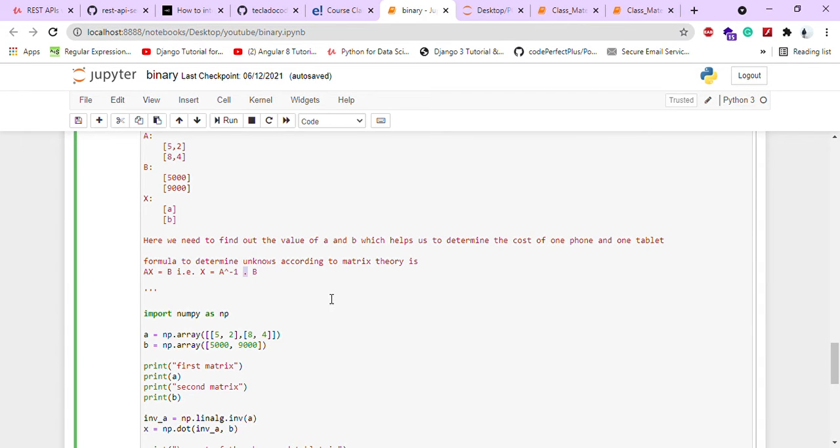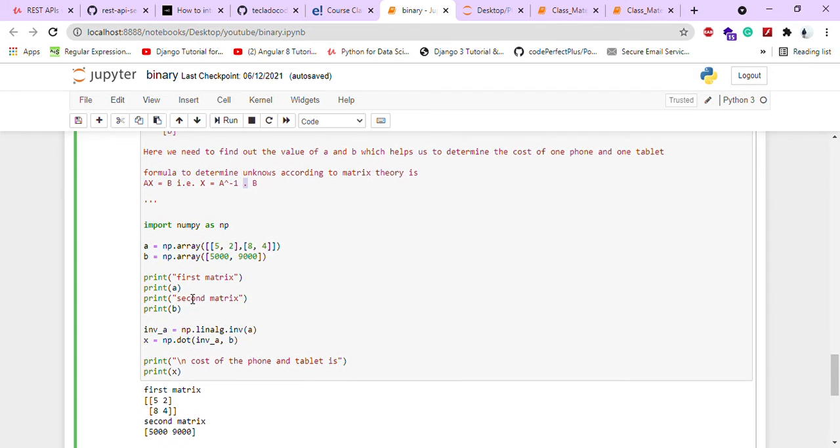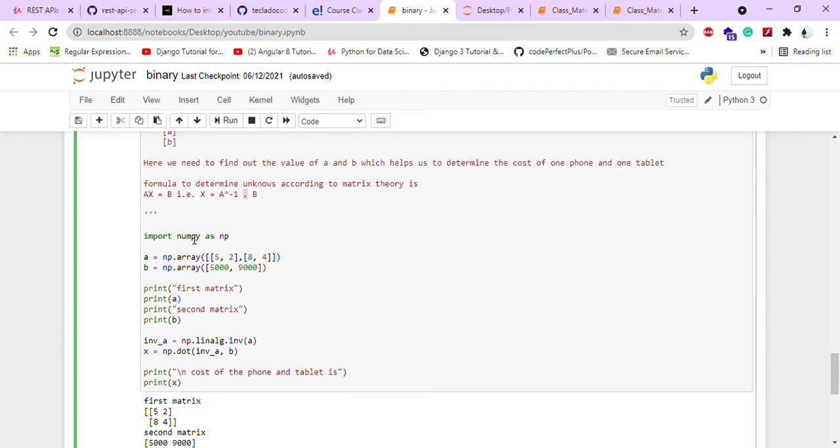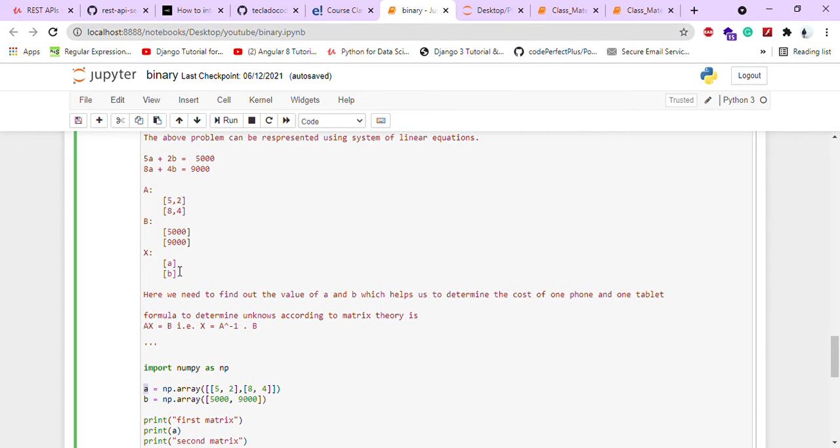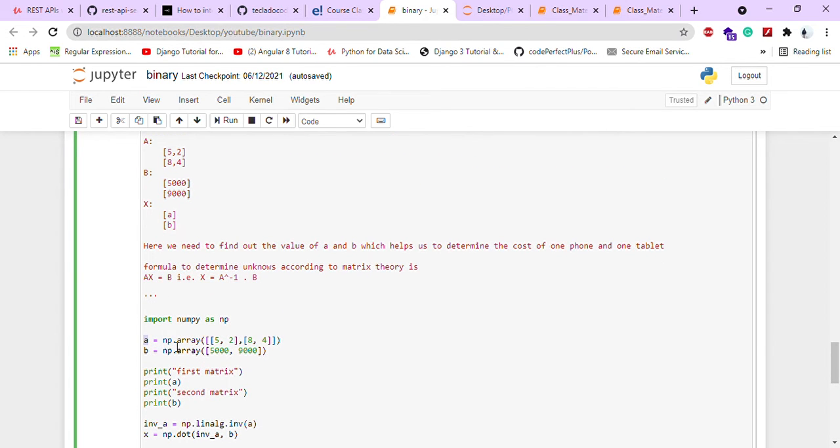So now I am trying to use import numpy as np. Of course, most of you already know import numpy as np and import pandas as pd. I don't need pandas right now, I'm just trying to show only numpy. So here is numpy, and the a value which I have declared myself: a equal to np dot array.